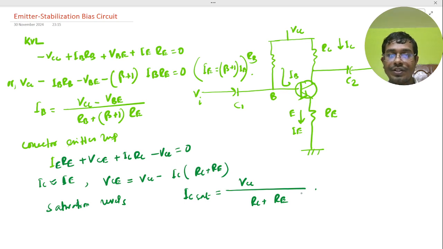And now we will discuss the voltage divider bias. This is very important for exam purposes.